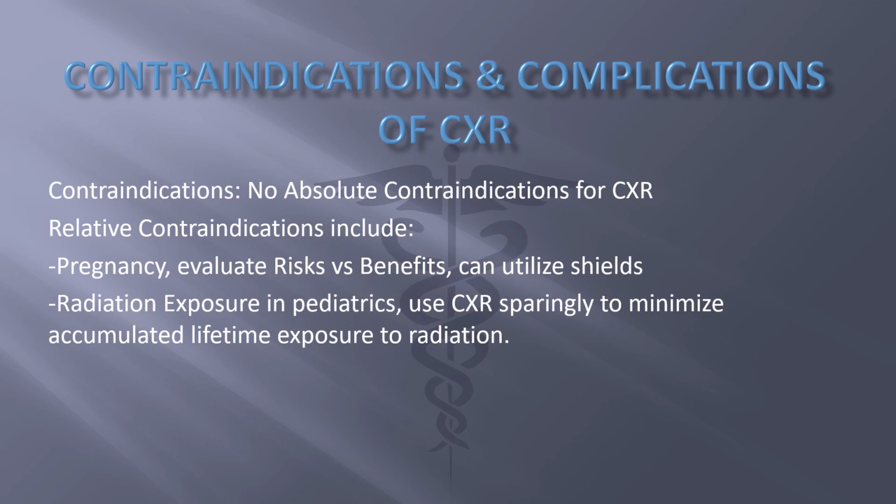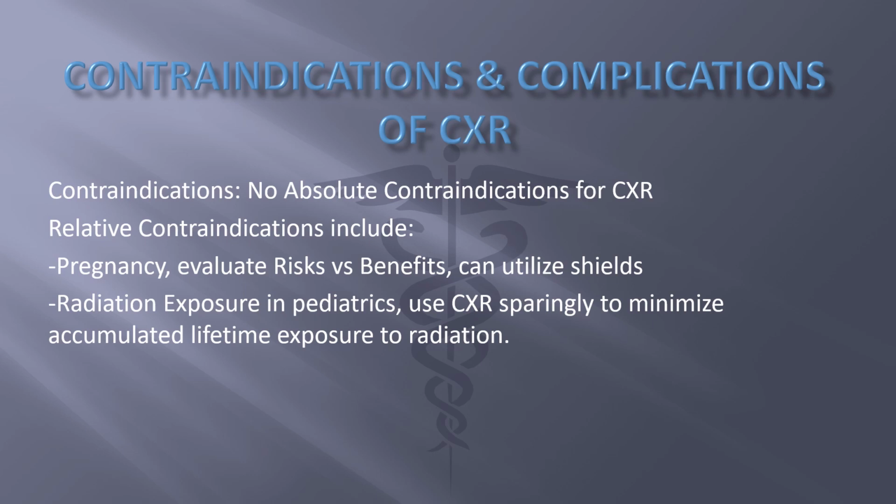Some contraindications of a chest X-ray. There's really no absolute contraindication for a chest X-ray. Of course, you want to evaluate risk versus benefits in certain populations, such as pregnancy or maybe pregnant. Certainly, you want to worry about pediatric populations and utilize as little radiation exposure as possible in the pediatric population.